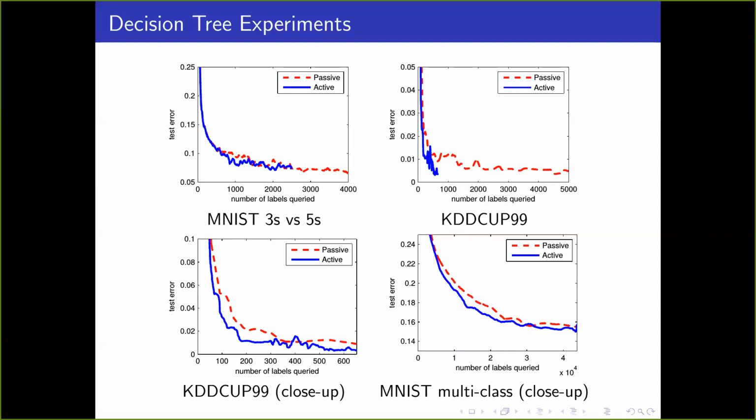Actually queried. And for the supervised case, all the labels were shown. Yeah, in supervised, everything is queried. In active learning, only the number up to that point are queried.